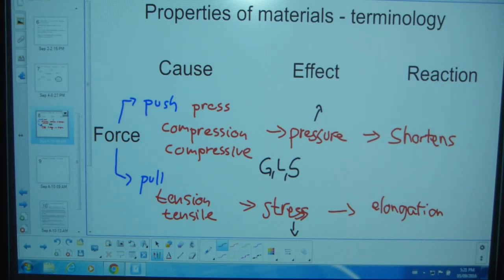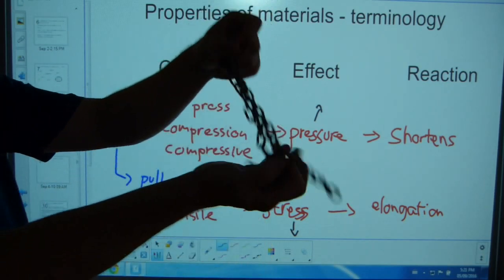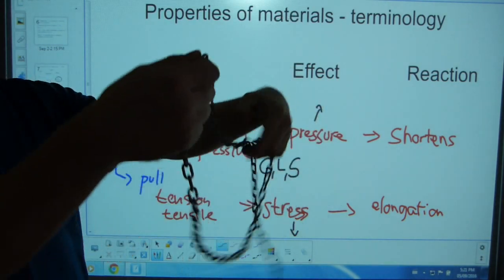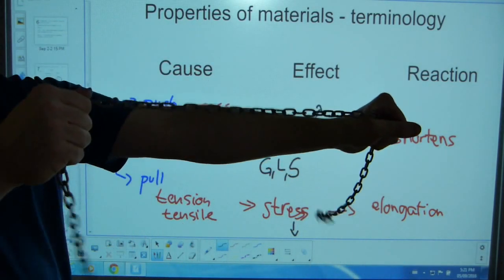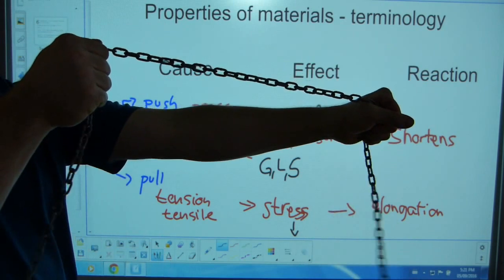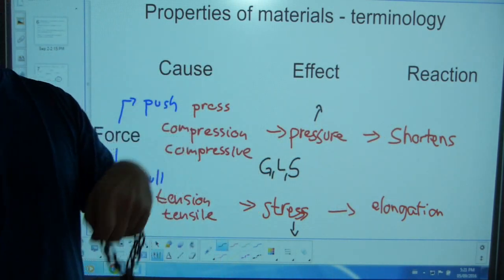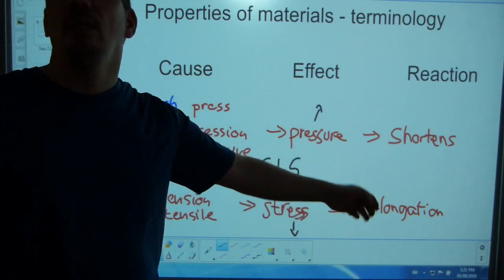Here is a chain I found on the road, and here the chain is at rest in my hand. Now the length of chain between my hands is in tension, very straightforward. And as it is in tension, it elongates, not by much.